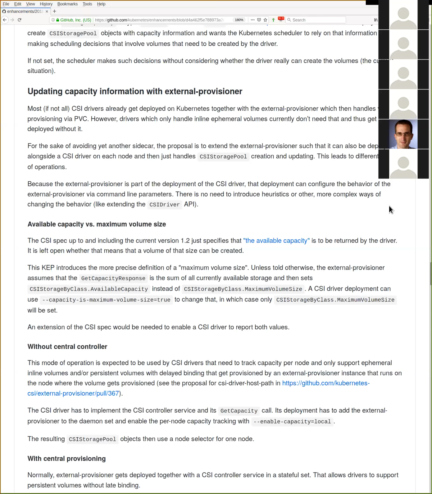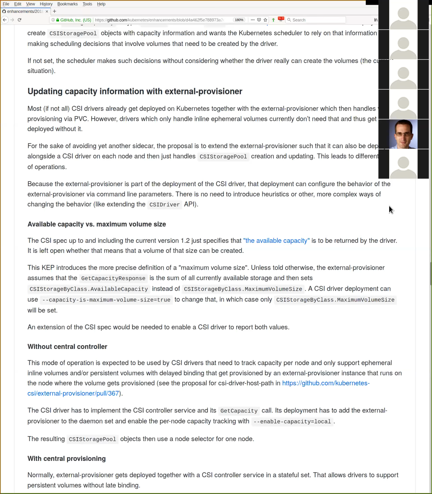So the external provisioner, I picked the external provisioner just as one sidecar where this most logically fits in. It could be an entirely new sidecar, but I felt that because external provisioner is involved in provisioning, it has a chance to notice things like volume created, volume deleted, and then update capacity. So it seemed like a logical place to put it.